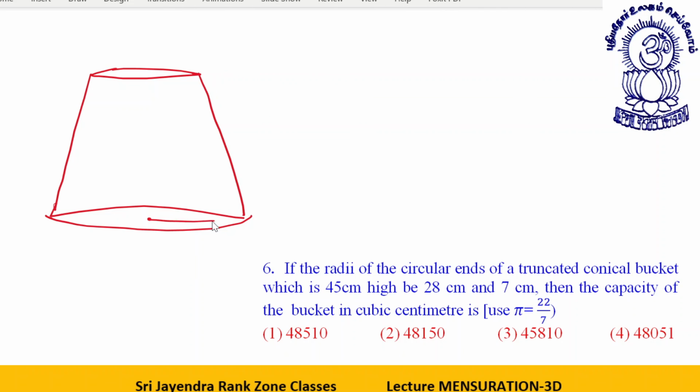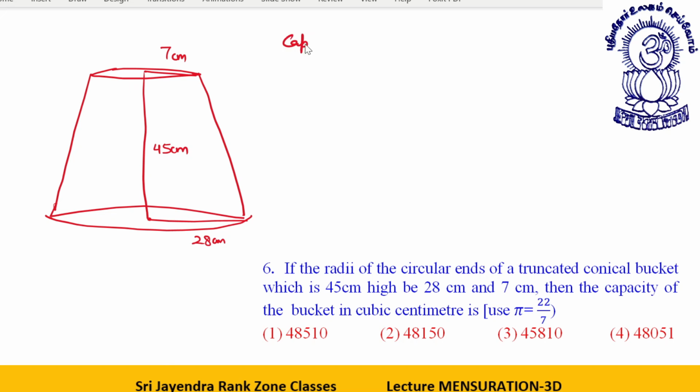This radius is 28 and this radius is 7 centimeter. Then the capacity of the bucket in cubic centimeter is, you have to find the capacity of this bucket given this is 45 centimeter.